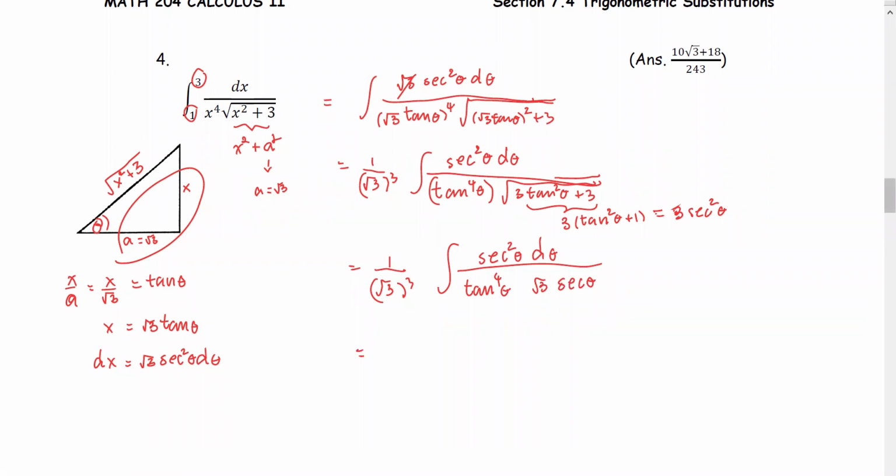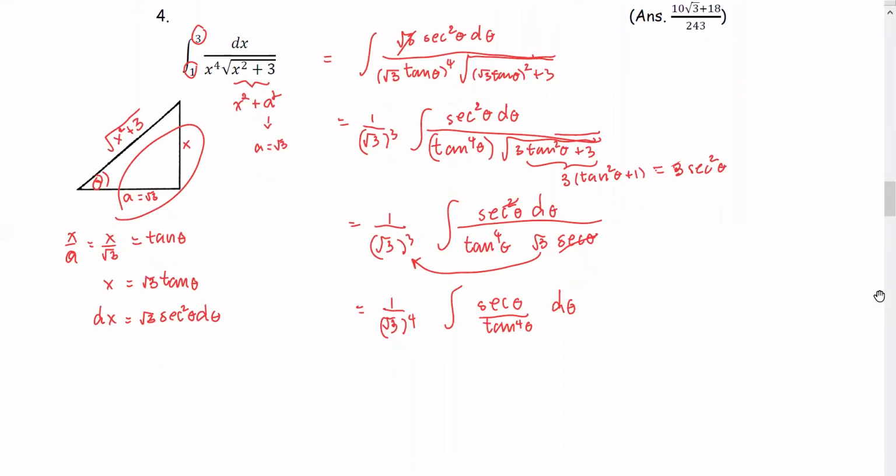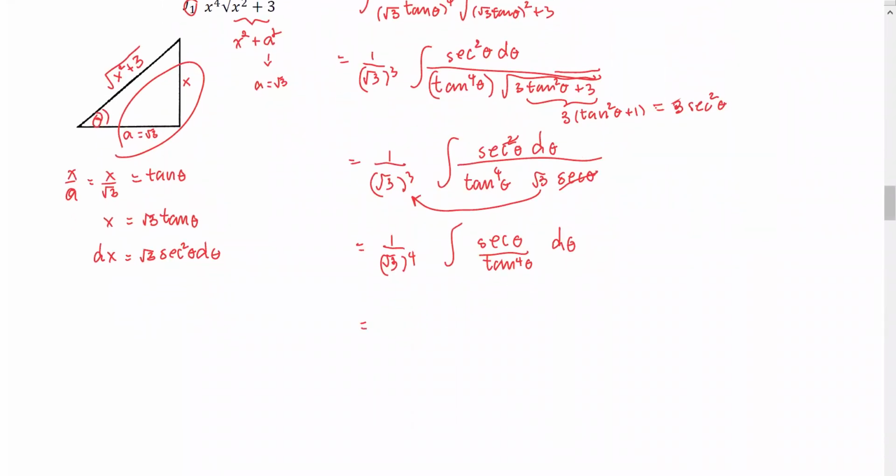We have another square root 3 to join the outside coefficient. It becomes 1 over square root 3 to the fourth power. The secant theta reduces with 1 power of the numerator. Now we have the secant theta divided by the tangent to the fourth theta d theta. 1 over square root 3 to the fourth power is 1 over 9.